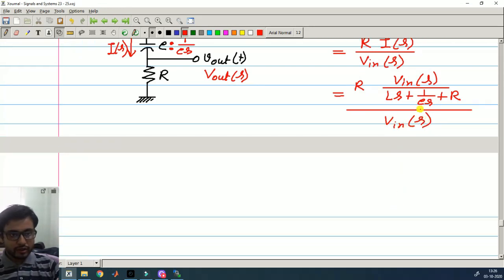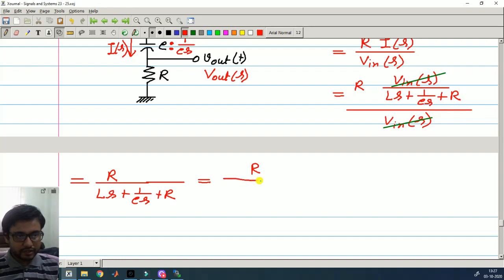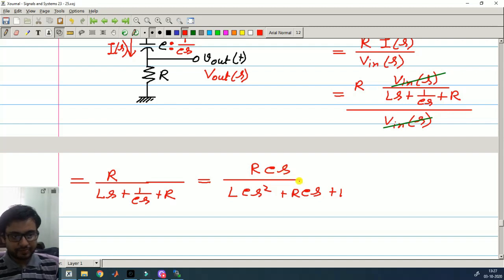Then this will be equal to R; the V in cancels, and we get R divided by Ls plus 1 by Cs plus R, which is the same as R divided by (LCs squared plus RCs plus 1) and then Cs here.